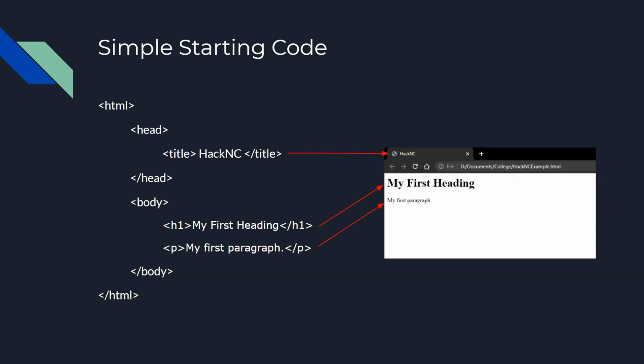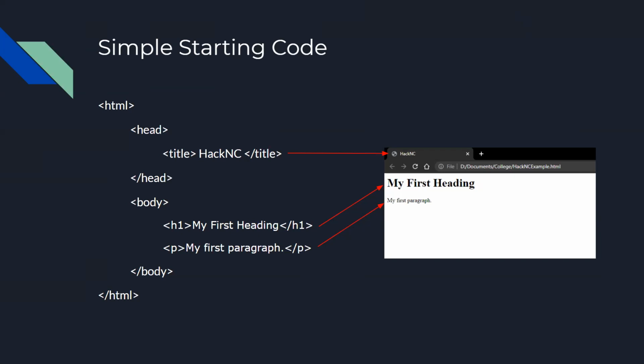As you see on the right, there's the Google tab, and I have the words HackNC in it. Then you'll do mostly everything in the body, because that's the entire essence of the website. We have the previous example we showed you with my first heading and my first paragraph, and we put all of that into the body so it can display.